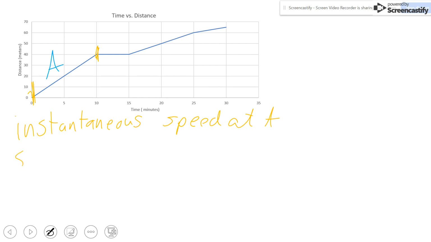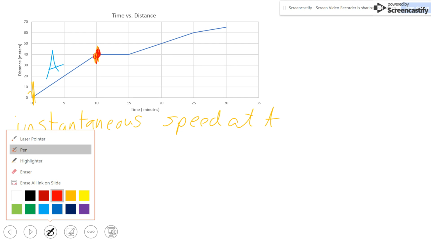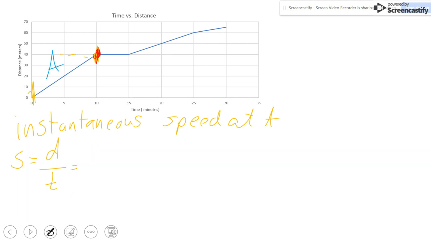So speed equals distance over time. For the distance we travel, we're going to look at this point, I'll mark it in red here. At that point, we have already traveled, you go over and look at the distance, 40.